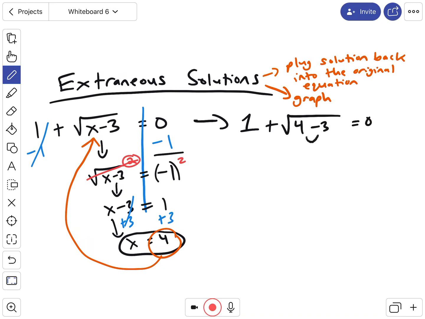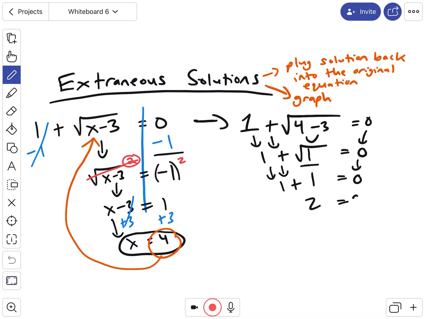Now, instead of solving, we're just simplifying. Everything's just going to be carried down. The square root of 1 is 1. So now we just bring down 1 plus, bring down the equals, bring down the 0. 1 plus 1 is 2. 2 equals 4? No, that's false.